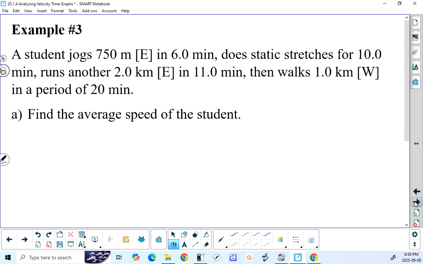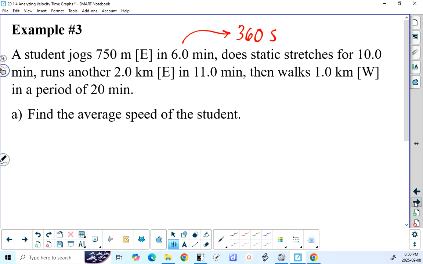By the way, we want to always work in meters and seconds. So if we take 6 minutes and multiply it by 60 seconds per minute, we can just make an observation that's 360 seconds. They then do static stretches, and what that means is they stand in one place for 10 minutes doing a bunch of stretches and exercises.